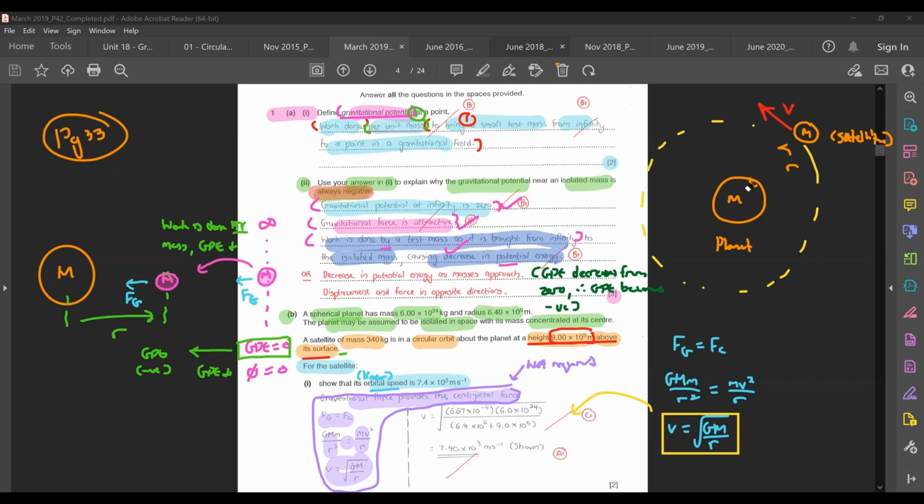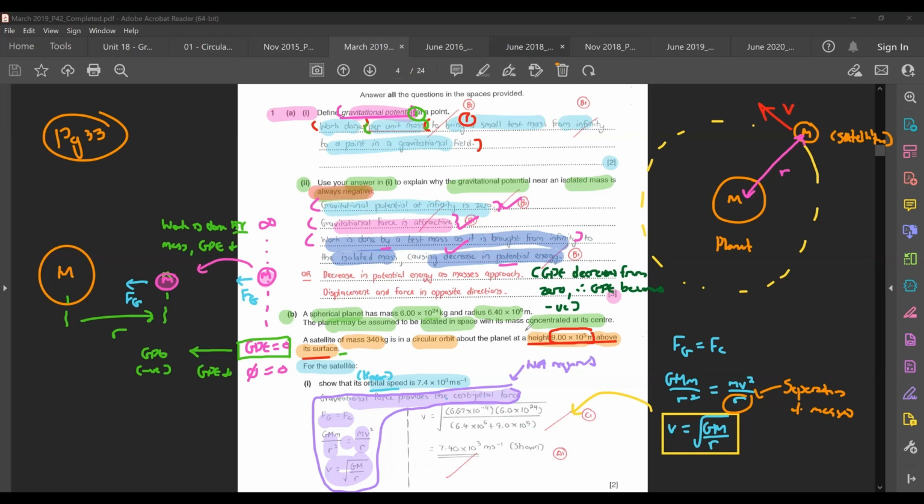When you're talking about your r, it is referring to the center to center separation of your masses. So it's actually referring to this. This is the r that you need to find.